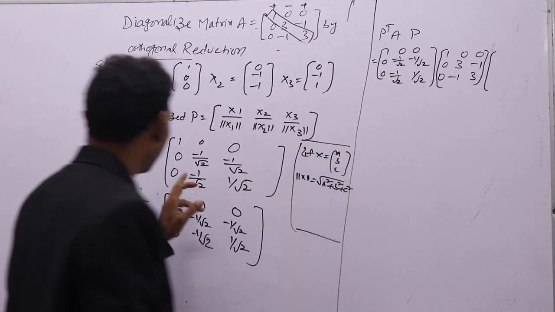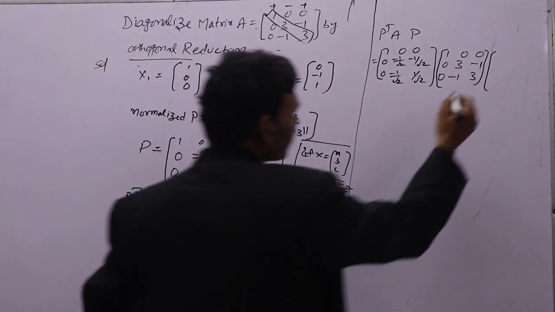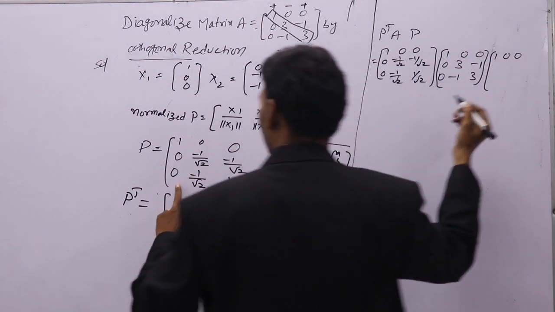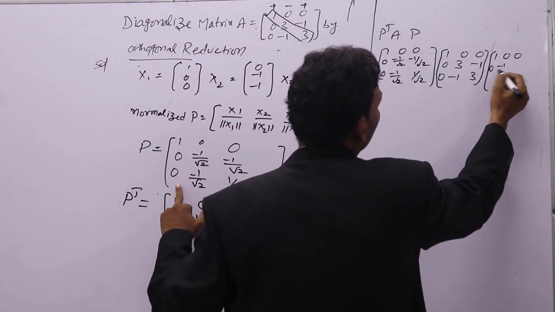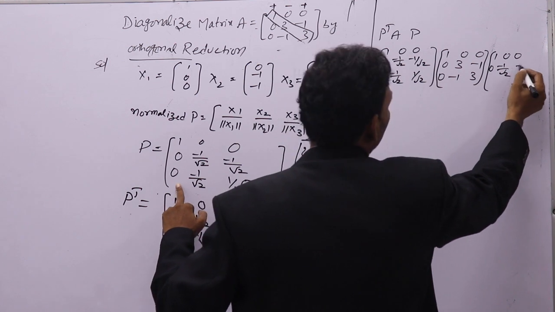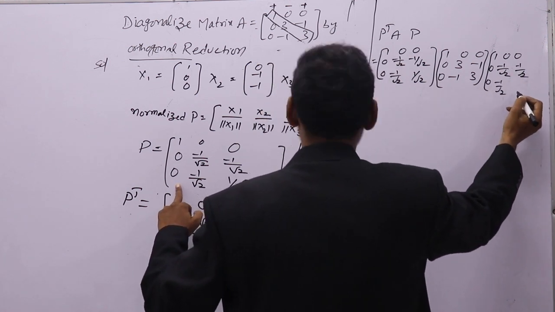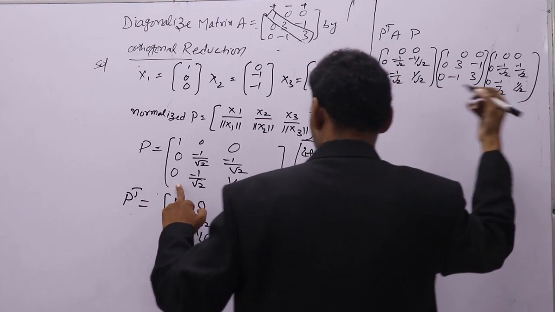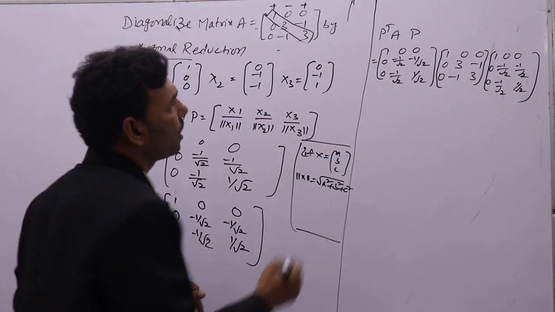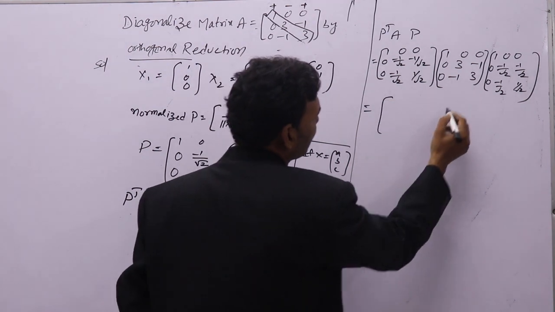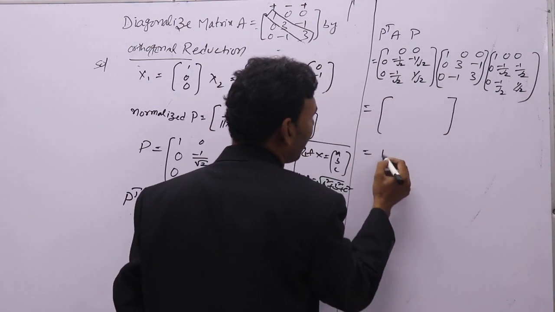Next, the normalized P matrix: 1, 0, 0, 0, minus 1 by root 2, minus 1 by root 2, 0, minus 1 by root 2, 1 by root 2. Okay, now if you multiply these three matrices, you will get the diagonal matrix D, that is diagonalization.